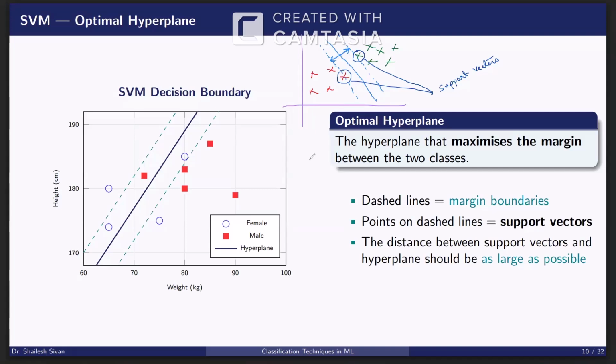And the distance between these marginal planes is actually what? Marginal distance. So if you consider another hyperplane like this, then the margins are like this, right?